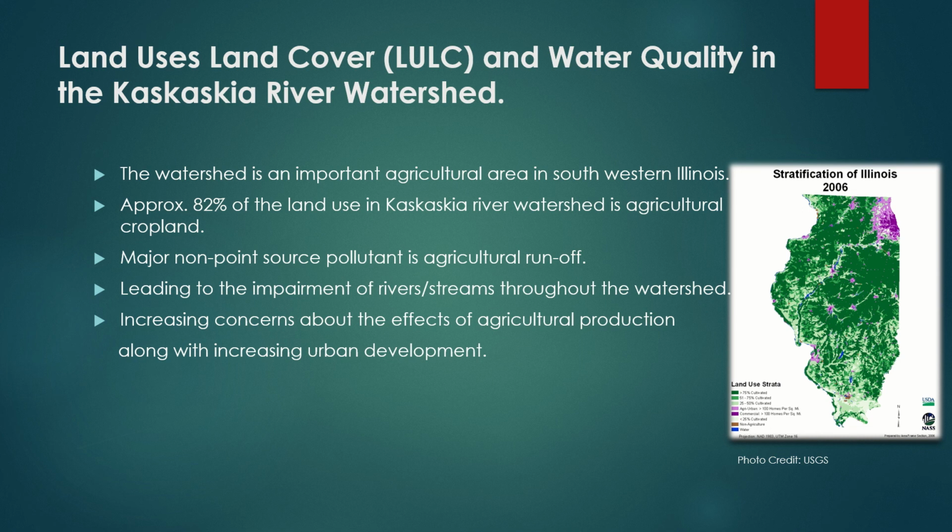The major non-point source pollutant is agricultural runoff, and it's believed to be the leading impairment of rivers and streams in the USA. So ultimately, when you're looking at an area that has 82% cropland, it would make sense that agricultural runoff is probably going to be your major non-point source pollutant within the region.